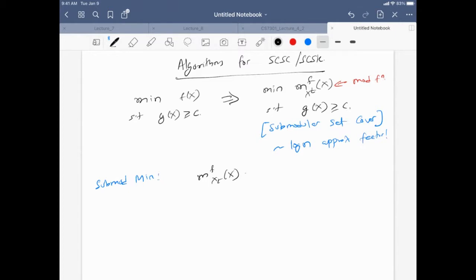So f of x is less than this one, which is a modular upper bound, and that is less than some factor of x. Maybe I'll just call it alpha for simplicity. So it's less than alpha times f of x. And using this alpha, we can combine this with this log of n and achieve an approximation algorithm.